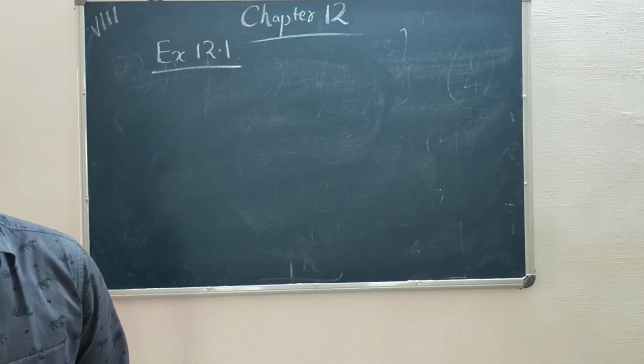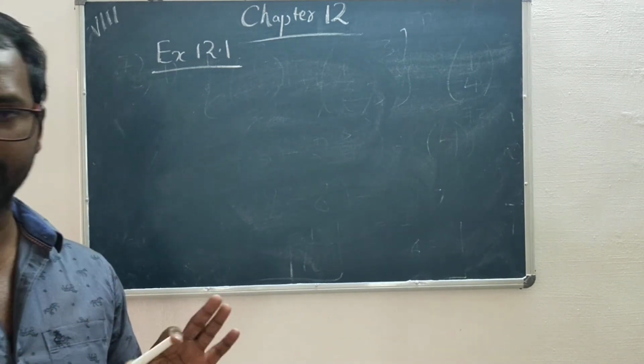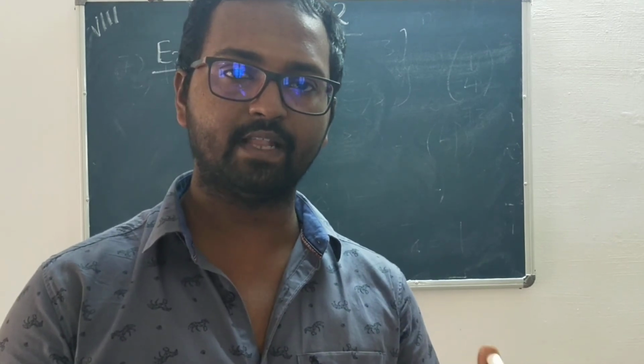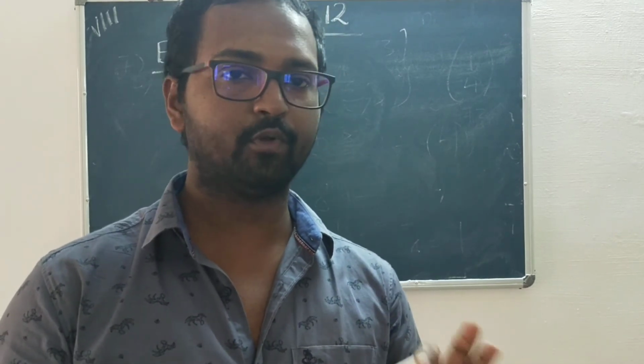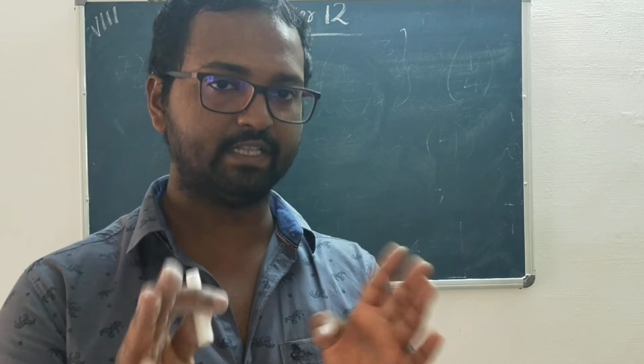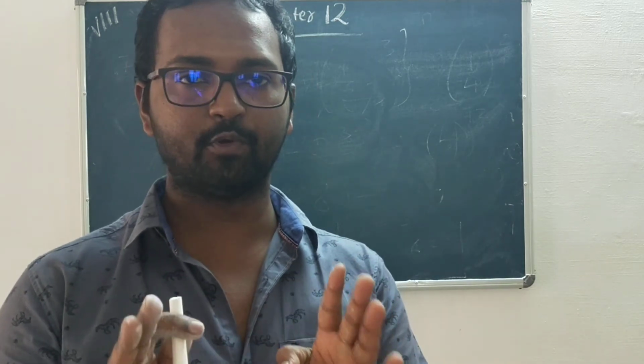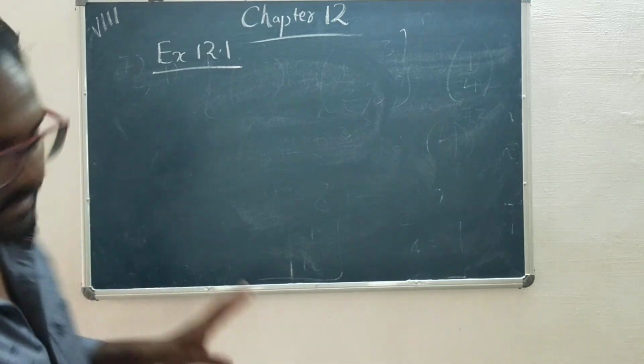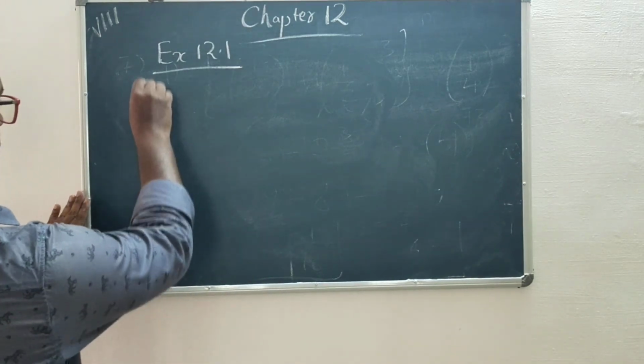In this, first question is evaluate. When they say to evaluate, you have to find the answer not in an exponential form. You have to find the correct answer. We don't want exponential answers. We have to find the right answer. So this is the first question, evaluate.